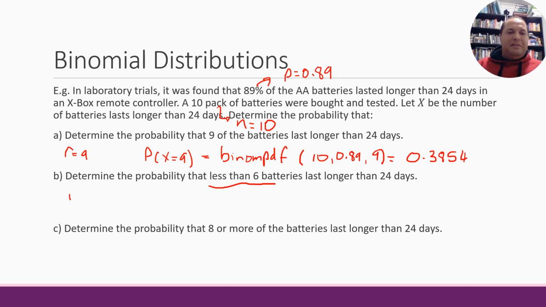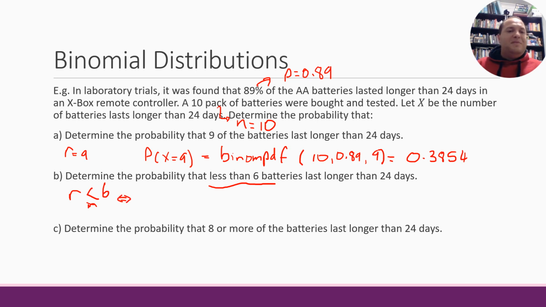Now, determine the probability that less than 6 batteries last longer than 24 days. So that means R has to be less than 6. Now, the key thing to remember here is that when we are using our graphics calculators, we can't just use less thans. They have to be less than or equal to signs. So we'll need to do a little conversion here.